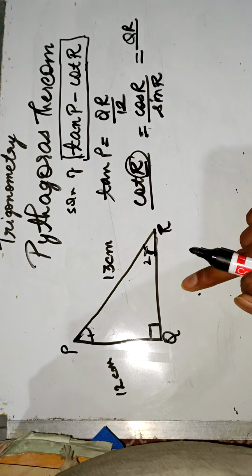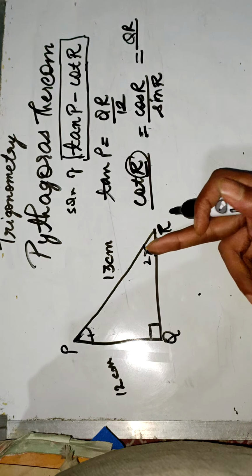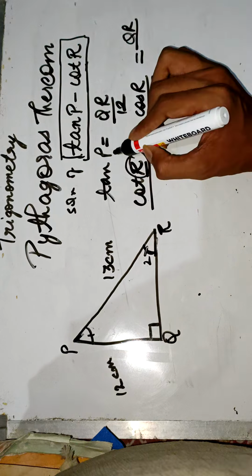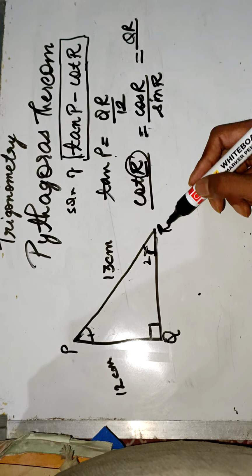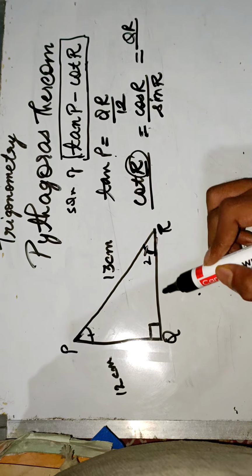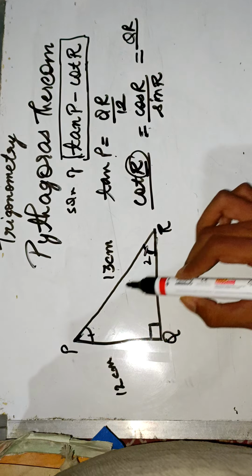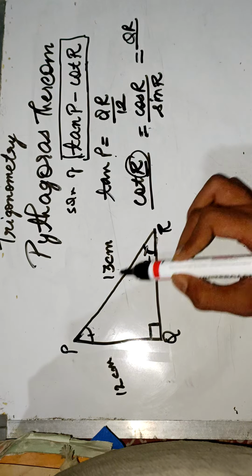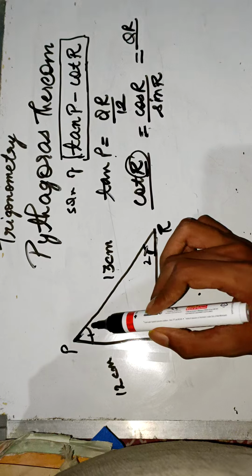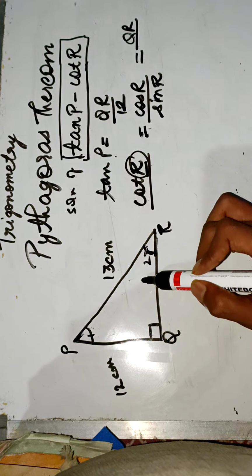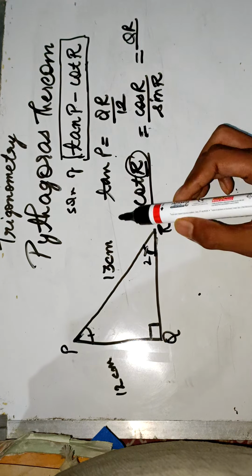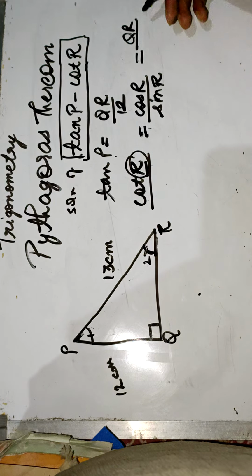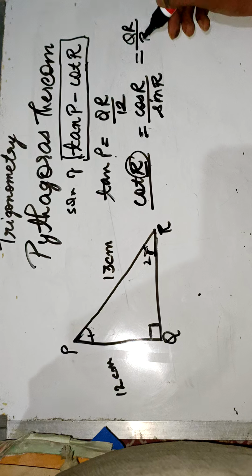What should be the hypotenuse in this case? In both cases, whether tan P or R, when we talk about the hypotenuse, we have to take this only. Why? Because it connects the 2 points which form the acute angles. That's why it becomes the hypotenuse in both cases, so we take the hypotenuse as PR.